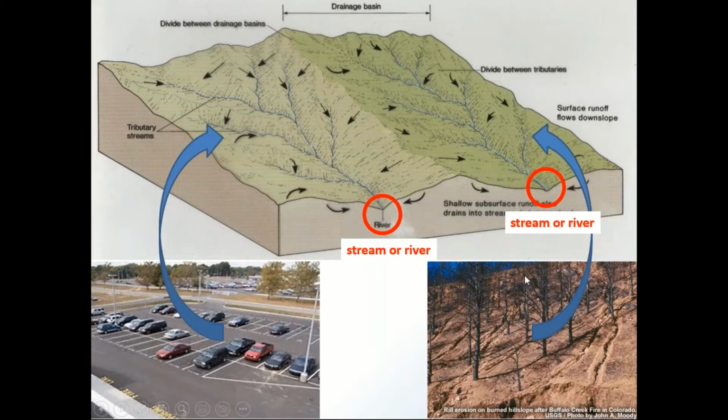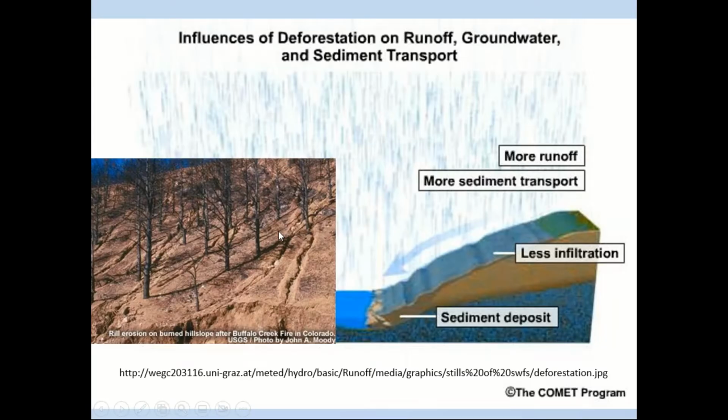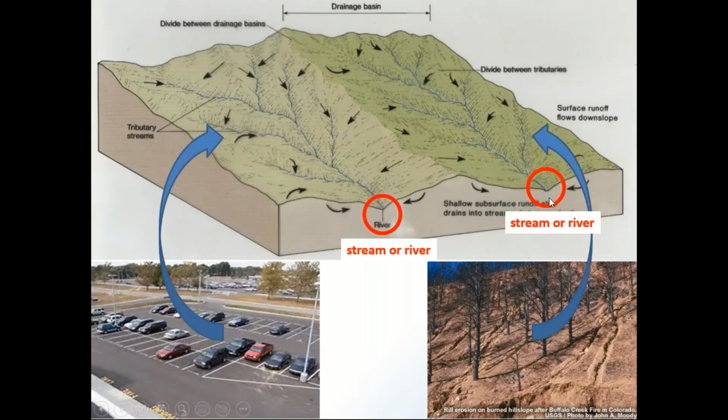Mass transport of the sediment on the surface, because there's no vegetation holding it in place anymore. Oops, let's go back. So the water in the rivers coming out of each of these drainage basins will have a definite and different characteristic to them, right?